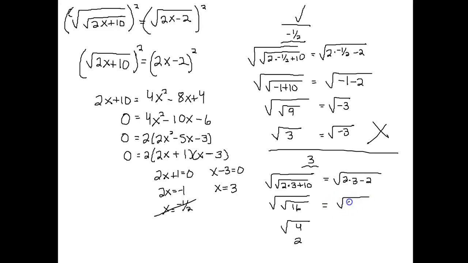Right side, you've got the square root of 6 minus 2. So the square root of 4, which is also 2. Checks out. Woohoo! So 3. Solution set has 3 in it. There you go. So 3 is the solution to that crazy radical equation.